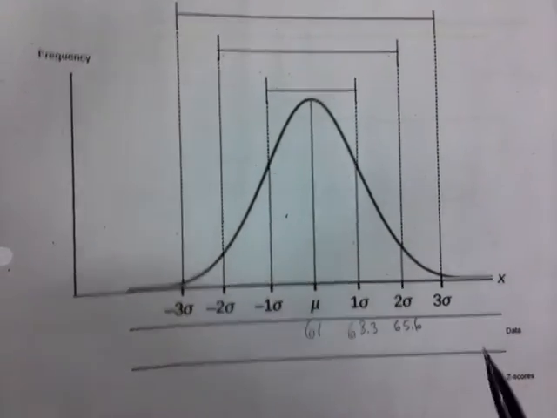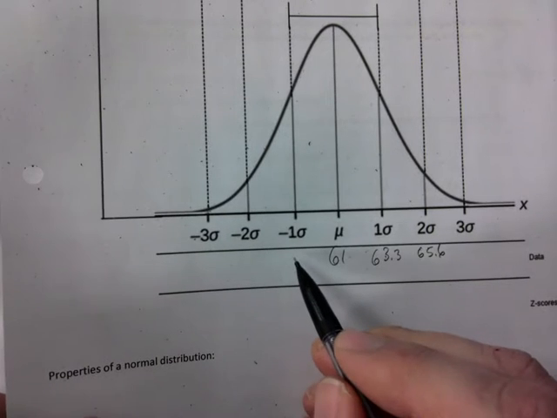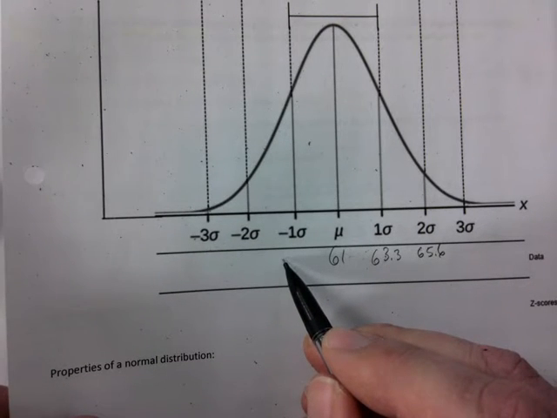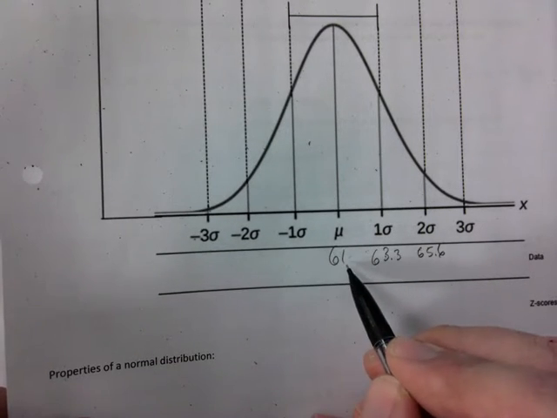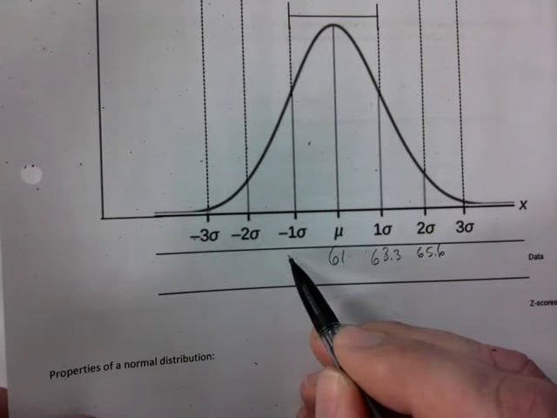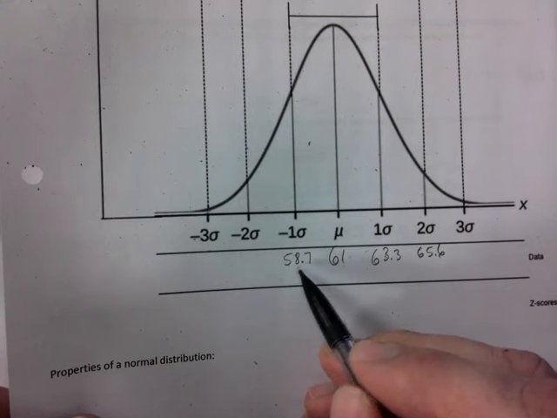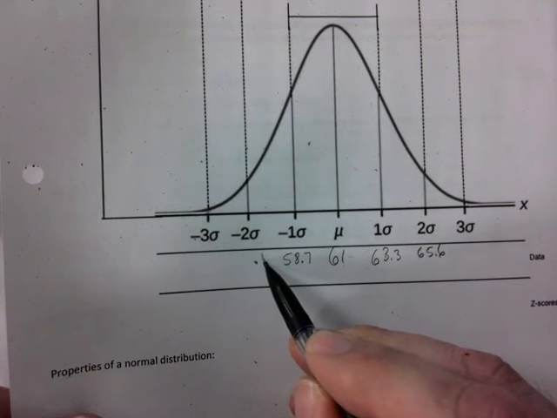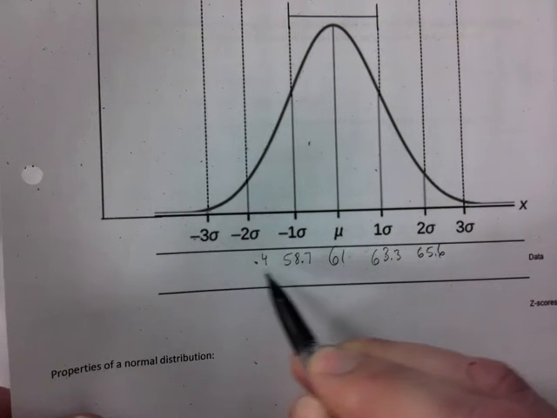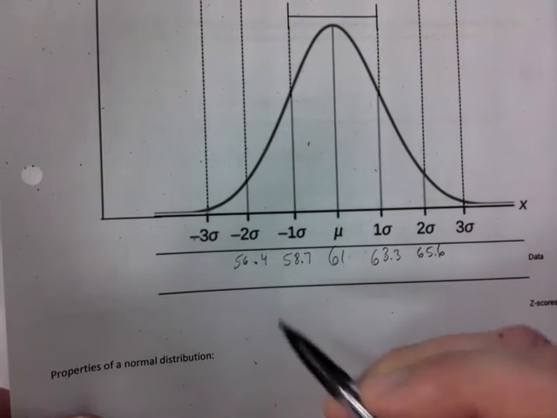If you go 2 standard deviations to the right, I just pulled this one up, right? And this would be 61 minus 2, that would be 59, so 58.7. And this would be 4 and 56.4, which I predicted, right?